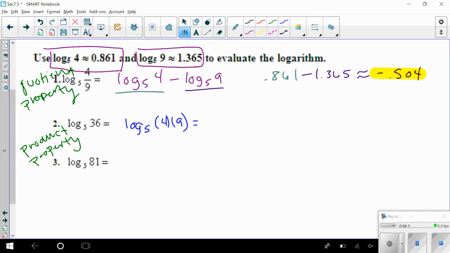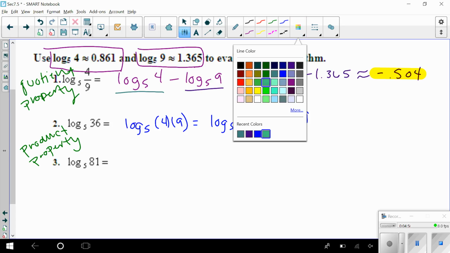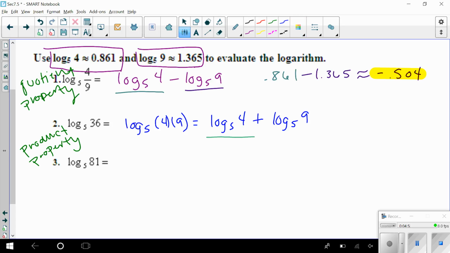And we can rewrite that as log base 5 of 4 plus log base 5 of 9. We have an estimate for log base 5 of 4, that's about 0.861.